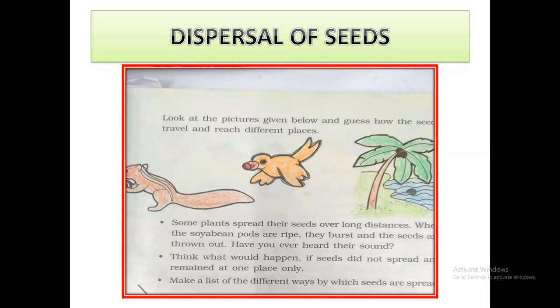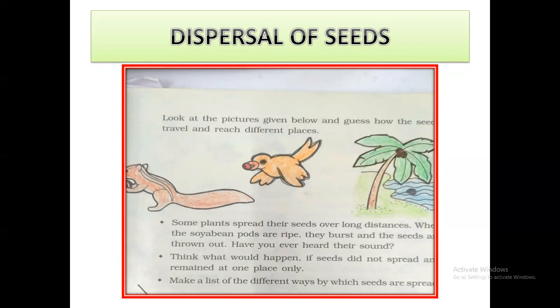Sometimes what happens, the seed bursts, and with the air it flies far and away. And sometimes even we carry the seeds knowingly or unknowingly. Some seeds may get stuck on our clothes or in our shoes or in our chappals, and when we walk here and there, it just goes inside the mud and the plant comes.